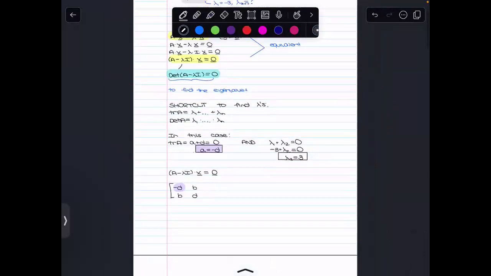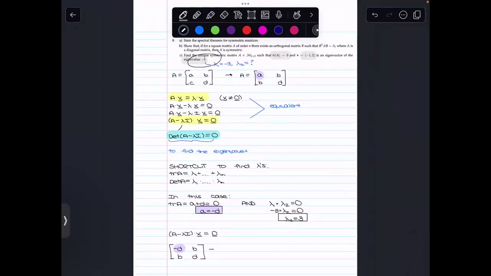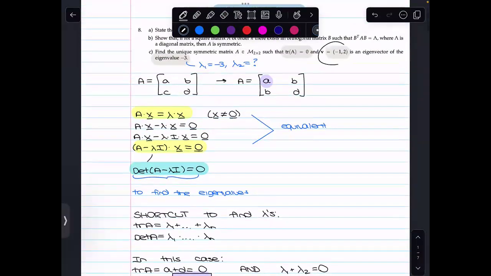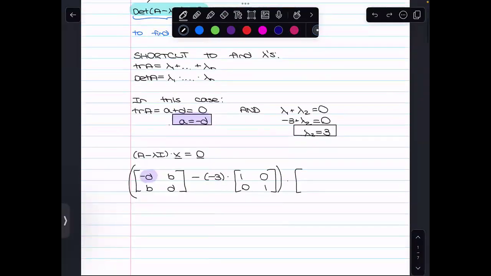And then we're subtracting lambda I. Lambda for this eigenvector is -3, so I'm taking -3 times the identity matrix, which is just ones in the diagonal. And all of this times our eigenvector, which we're told is (-1, 2), has to equal (0, 0).